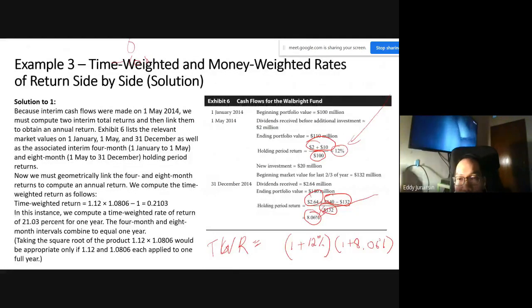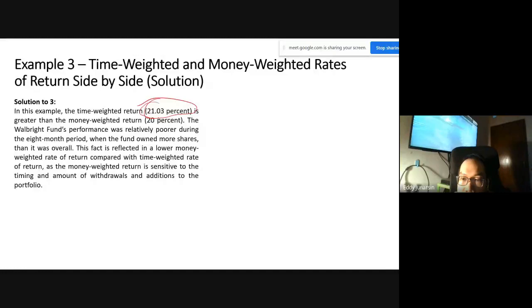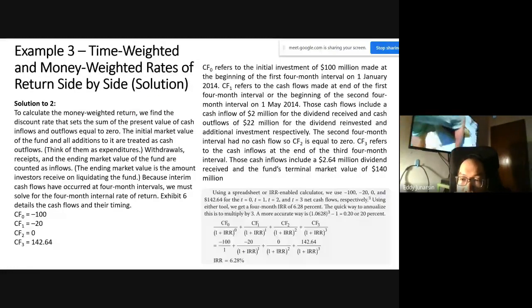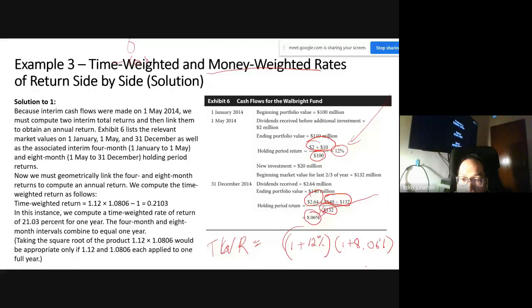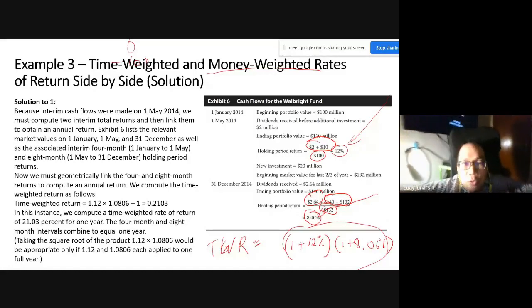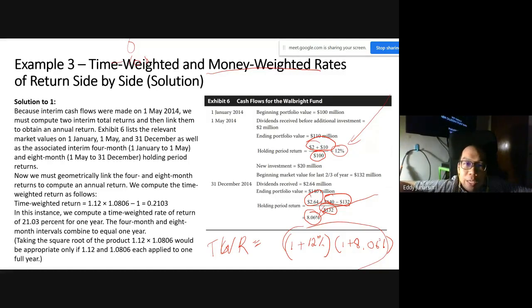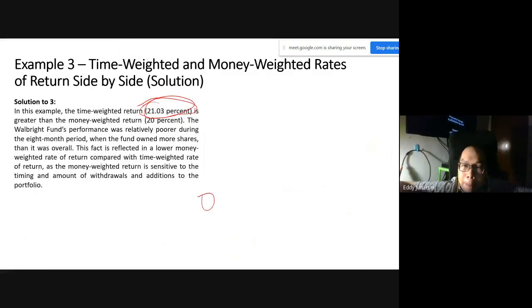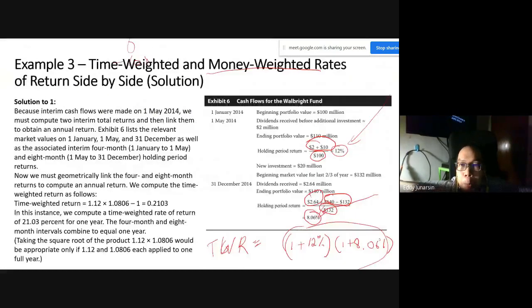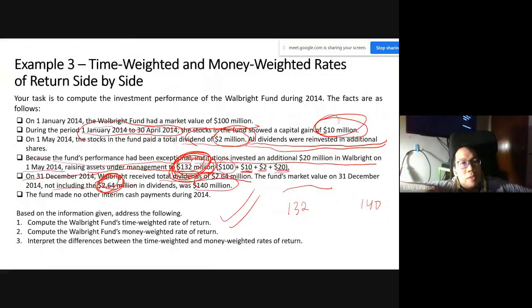Now what are the cash flows? We are going to calculate the money weighted return. The time weighted return is 2103, right here, for the portfolio managers. So what is the cash flow in year 0? From the story here, what is the cash flow at the beginning?